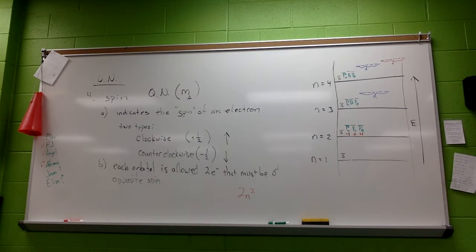But we're talking about m sub l of 0, which was the, oh, I lied, it was either carbon or fluorine. The reason I don't know whether it was carbon or fluorine is because I never told you what m sub s was, whether it was positive 1/2 or negative 1/2. If it was positive 1/2, it would be carbon, and if it was negative 1/2, it would be fluorine.